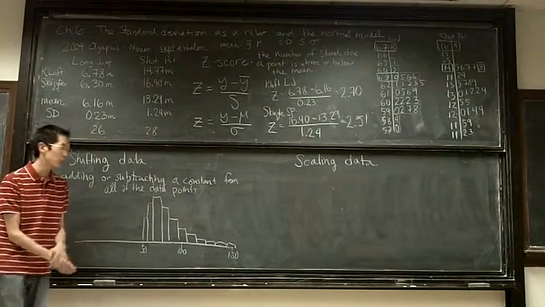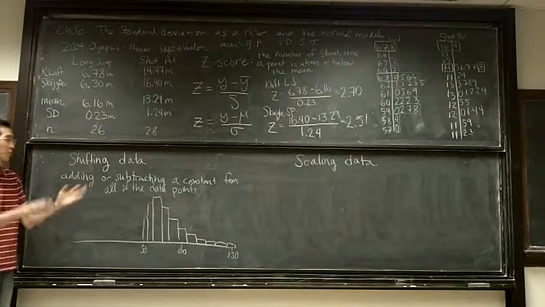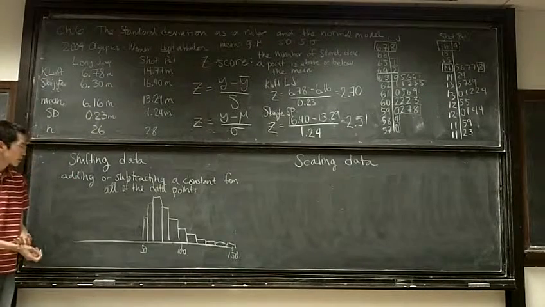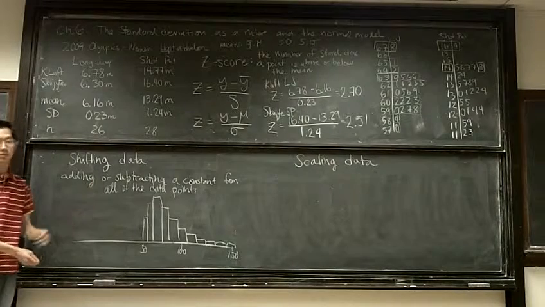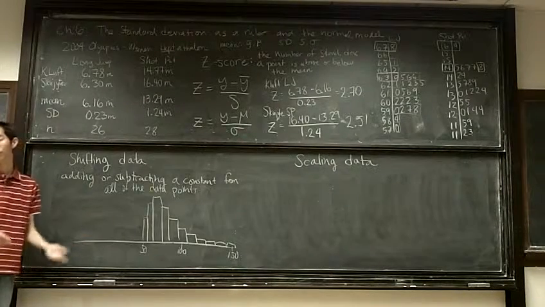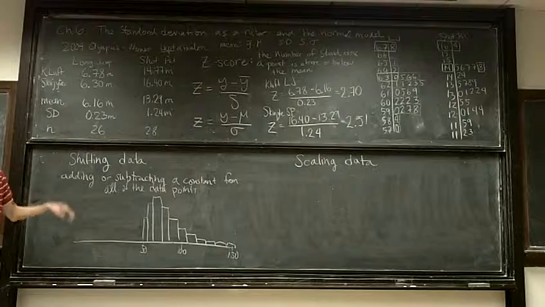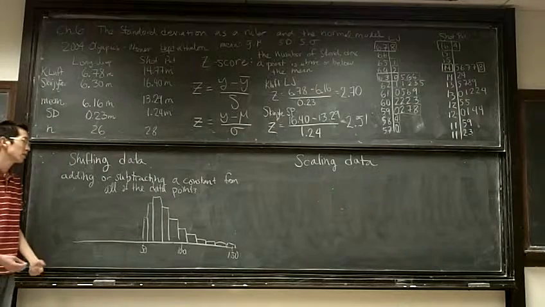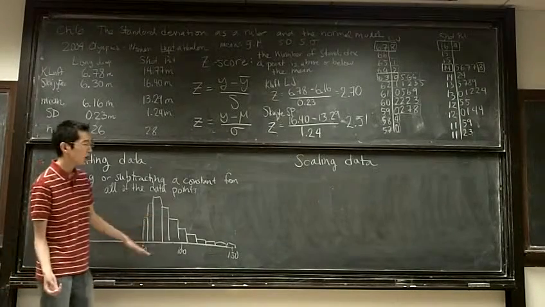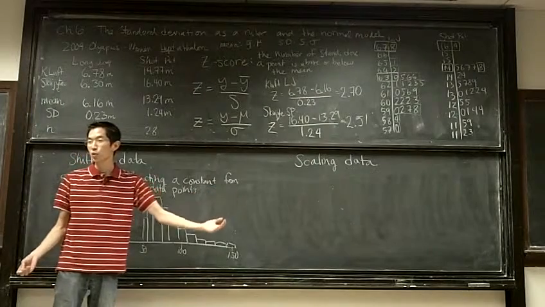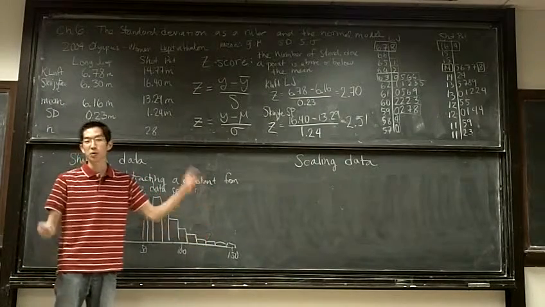Or we could say the recommended weight for this group of people is 75 kilograms. Instead of looking at the raw weight, we could look at the difference between their weight and the recommended weight.